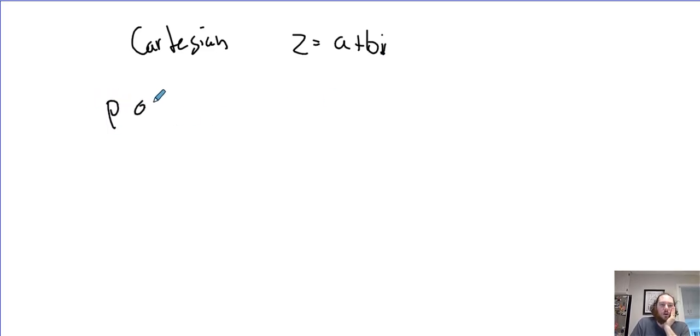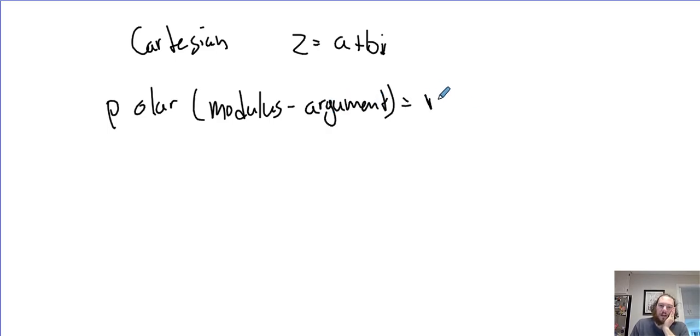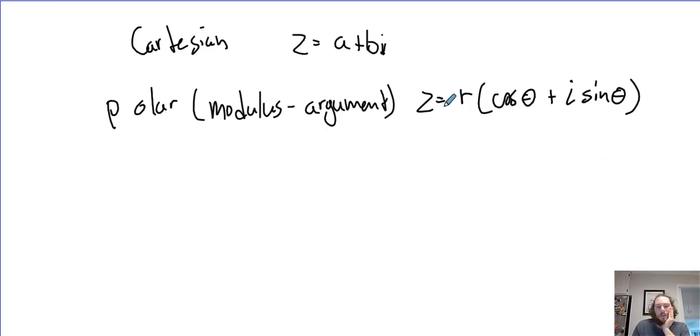But we also have the polar form, which could also be known as the modulus argument form, and that is written as z equals r cos theta plus i sine theta, where r is the modulus and theta is the argument.